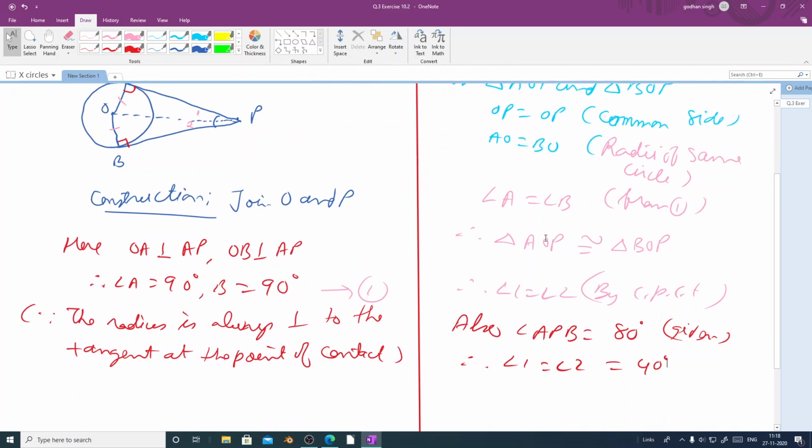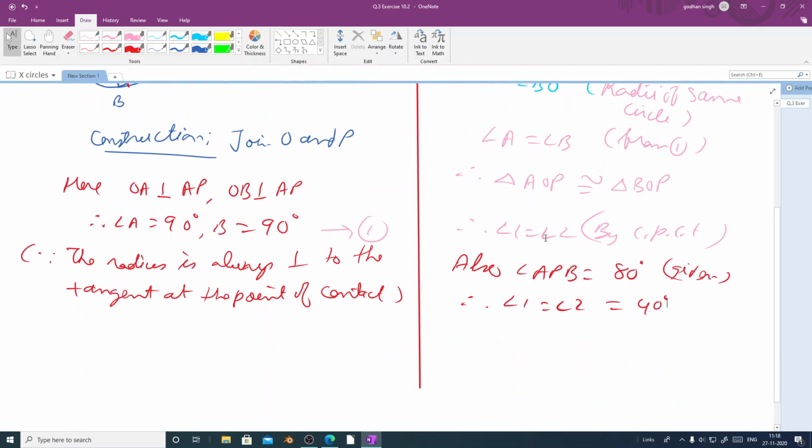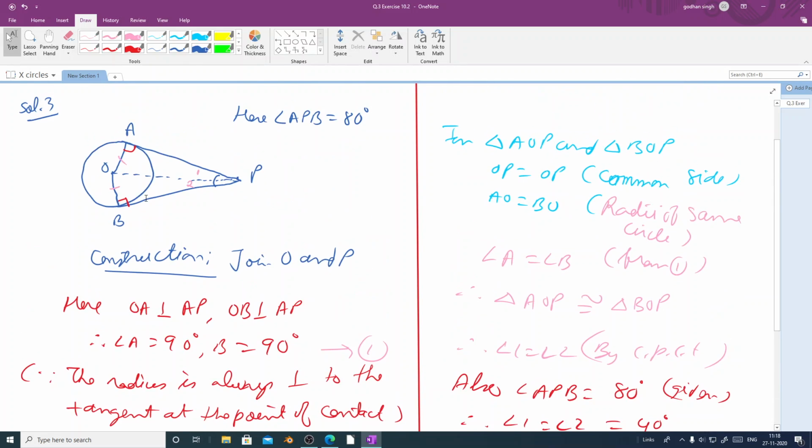Now we will go to right triangle OAP. So in right triangle OAP, angle O plus angle A plus angle P equals 180 degrees. Therefore, what is our angle O? That is what we have to find.